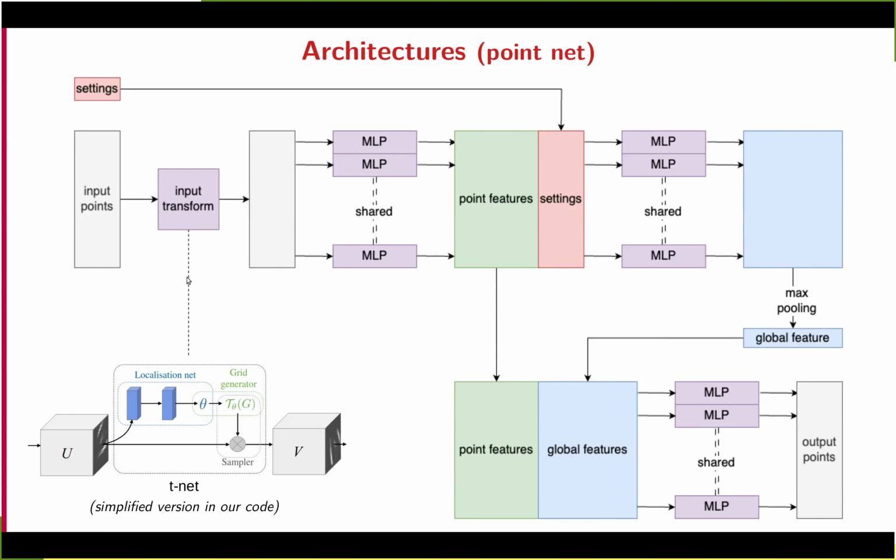We have an input transform that can be seen as a projection into a canonical space that guarantees translation and rotation invariance. Think about projecting your system into principal coordinates, for example. Then for the transformed input, node-wise, or point-wise, we apply an encoder and obtain encoded point features.